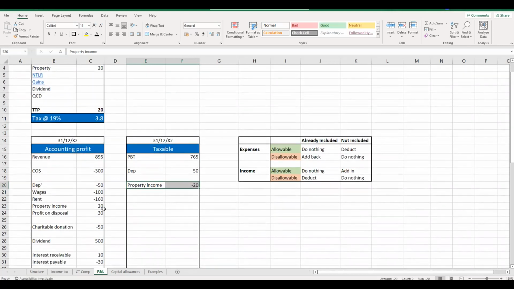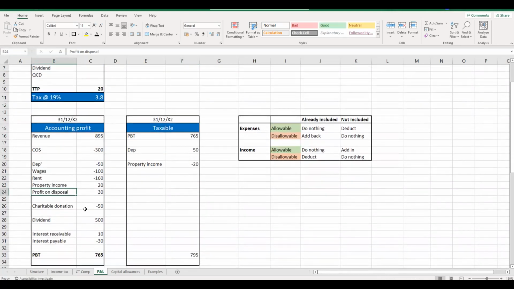Now, very similarly, we can see that we've got a profit on disposal. Again, if it's a profit on disposal, that's going to be a chargeable gain. The first thing we do for a profit on disposal is very similar to property income. We're going to remove that profit on disposal.